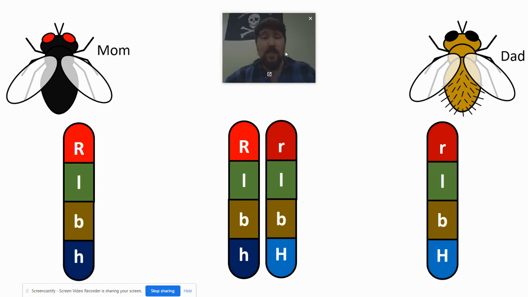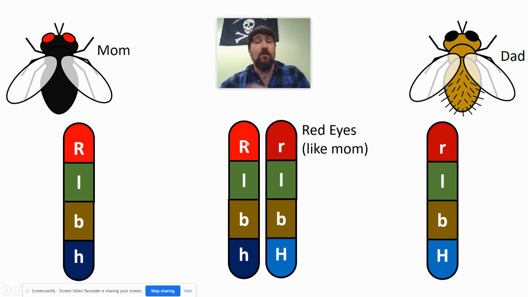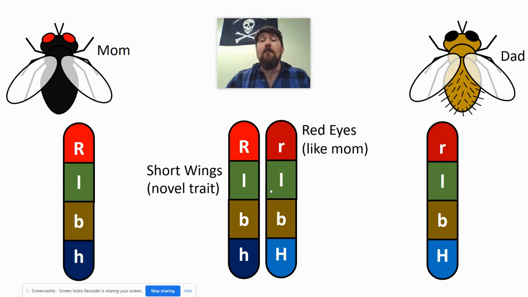All right, so let's see what the offspring is going to look like here. So we've got big R, little r, so it's going to be heterozygous for the dominant trait, which means this one is going to have red eyes like mom. For wings, though, it happened to inherit the recessive allele from both parents. And so it's going to have the recessive trait of short wings. This is a novel trait. Mom and dad have long wings, and they made a baby fly with short wings.